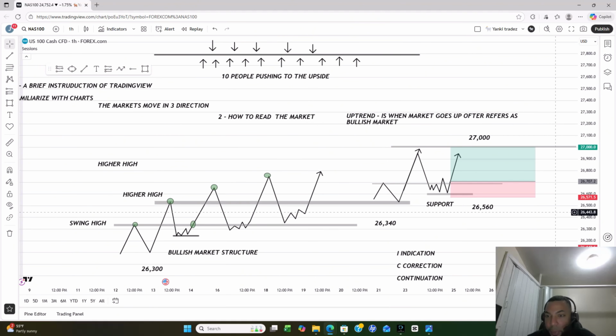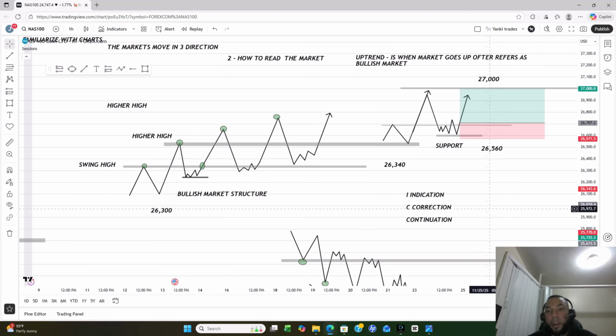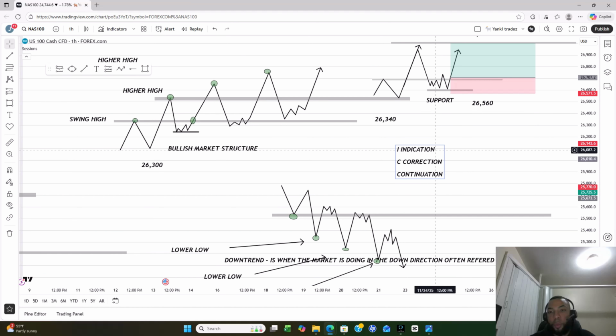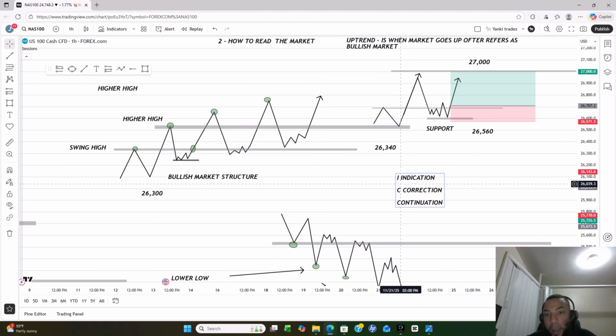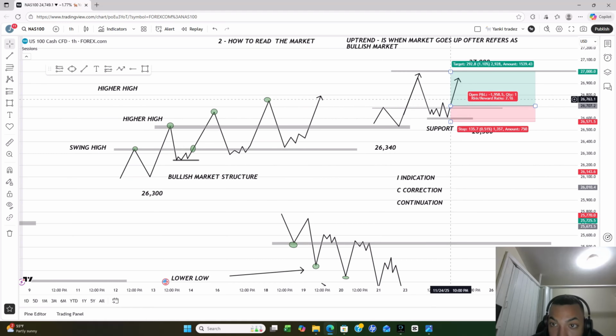The same thing, nothing else, nothing crazy. So the market moves like 3 times, right? That's how we trade. Indicates where the market is going. Boom. It's basically telling you, hey, the second time that I make a structure, I'm going to the upside again.